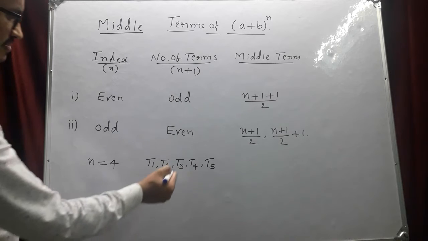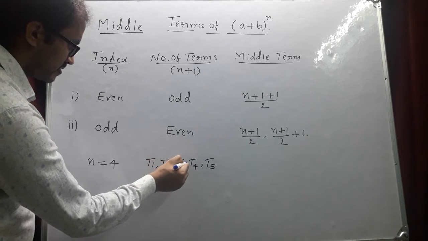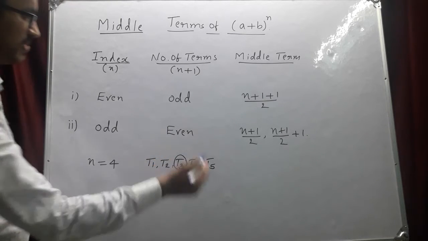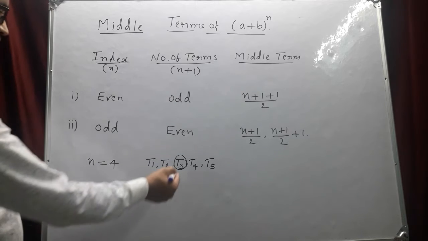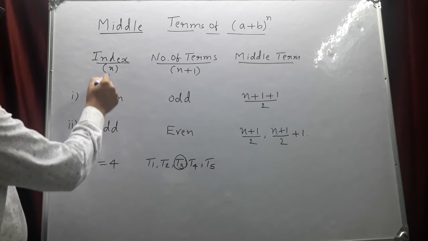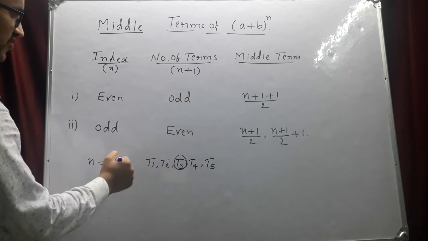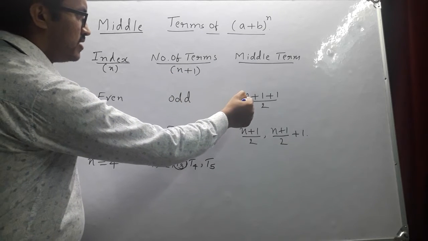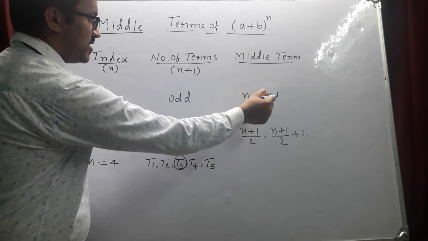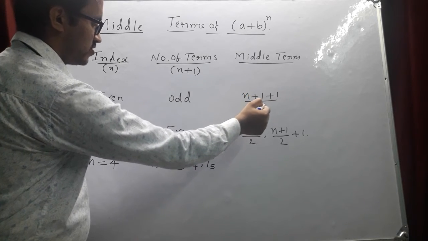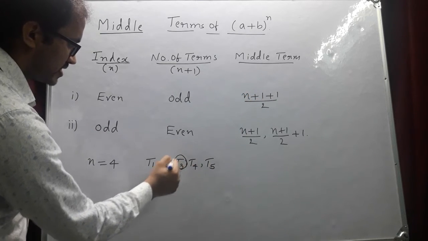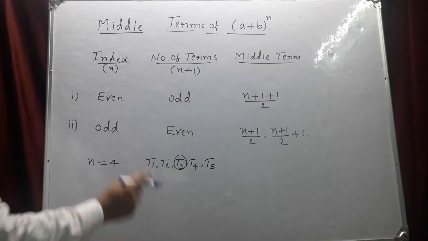Clearly, the middle term is T3. Here n is 4, n + 1 is 5, and (4 + 1 + 1)/2 is 6/2 = 3. So the third term is the middle term.